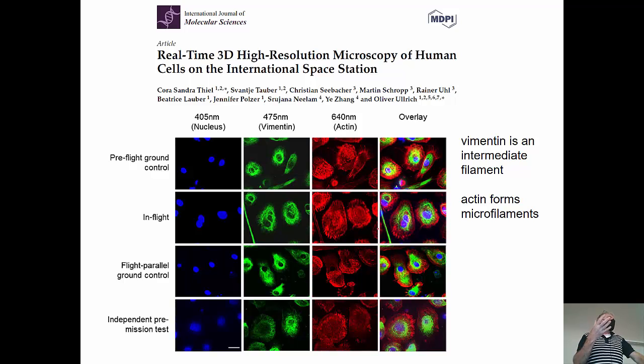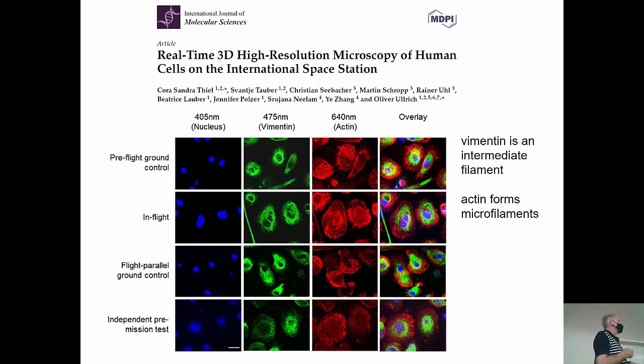One stains the nucleus, which is the DNA component. It's actually staining the DNA of the cells. We're looking at a cell culture here. The second and the third one are looking at 2 different components of the cytoskeleton, and this is the protein framework within a cell. And what we can see is we can look at them individually.